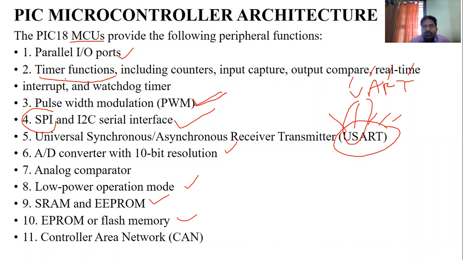In 8051 we are using only 2 timers, timer 0 and timer 1, but in this PIC 18, we are using more than 2: timer 0, timer 1, timer 2, and so on. Here there is one different case, the pulse width modulation technique. Remaining all are almost the same.